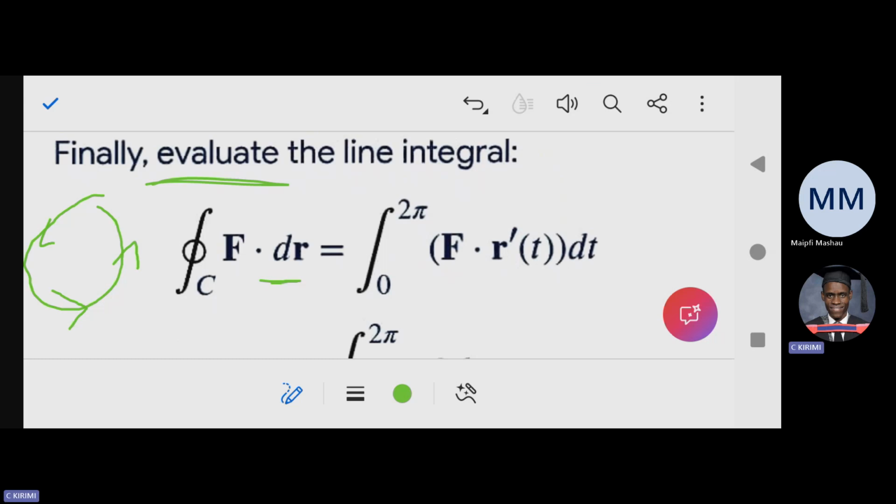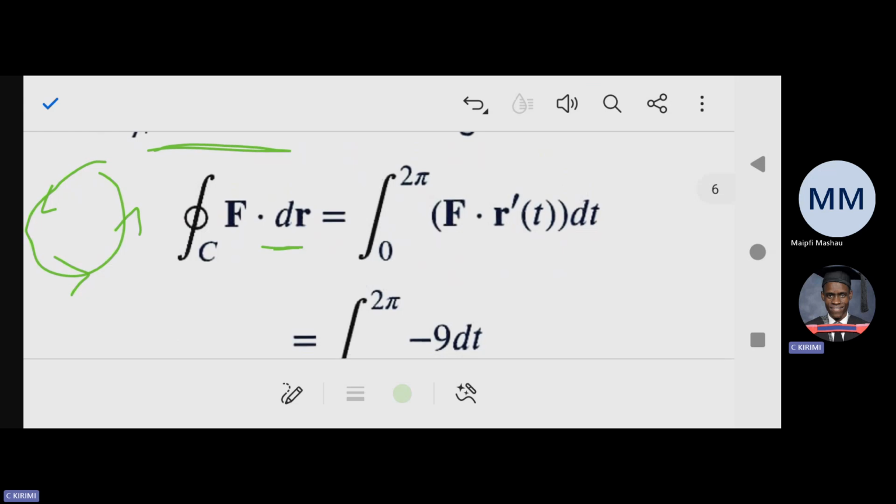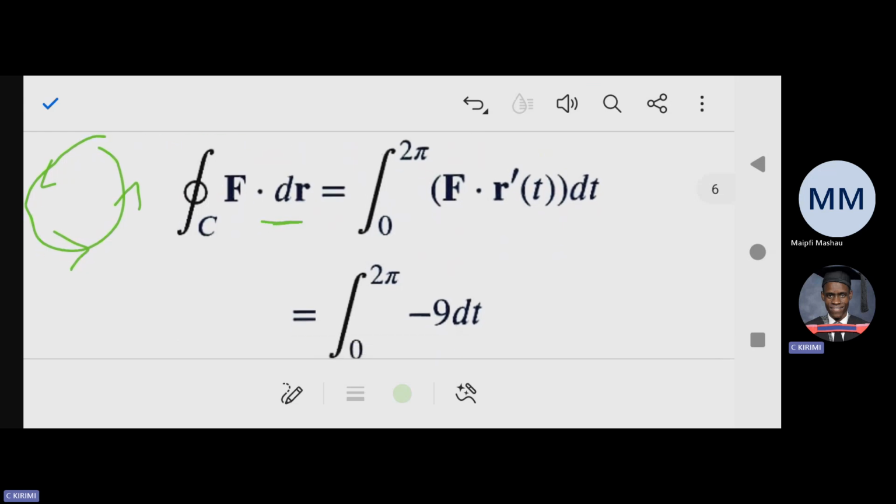And that force, that vector field F, is given by F dot dr over dt. Then from there, you have your integral, so you need to simplify. What is r prime, dr dt?